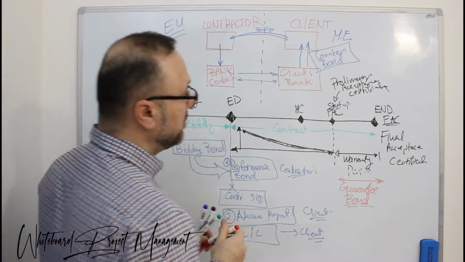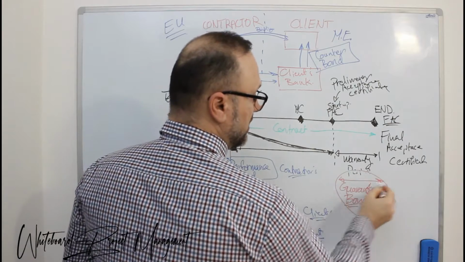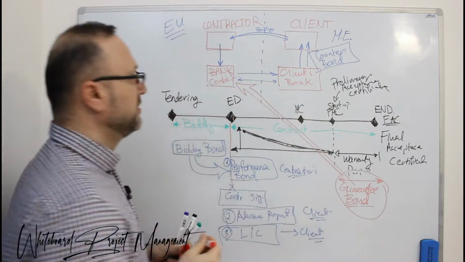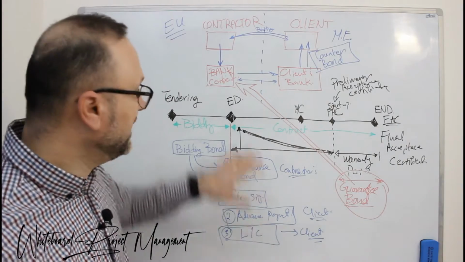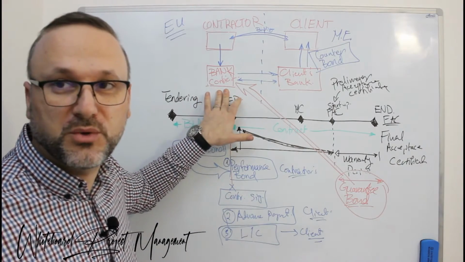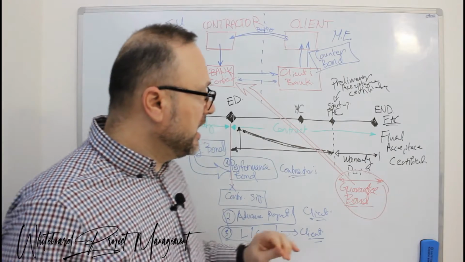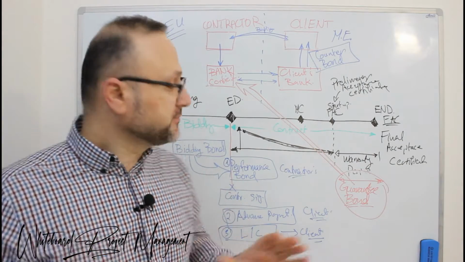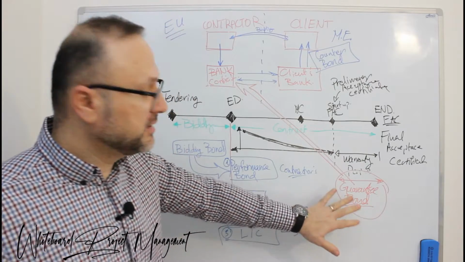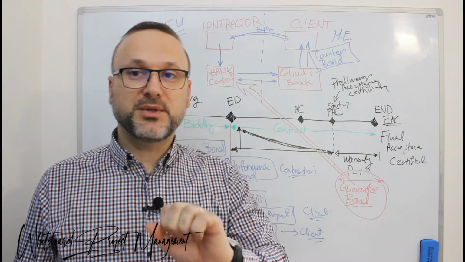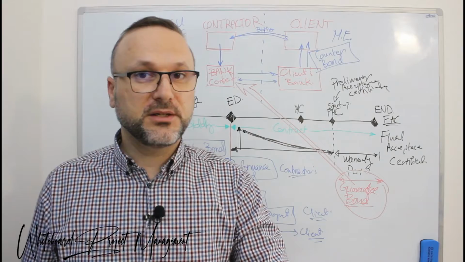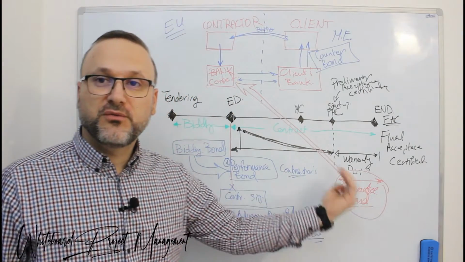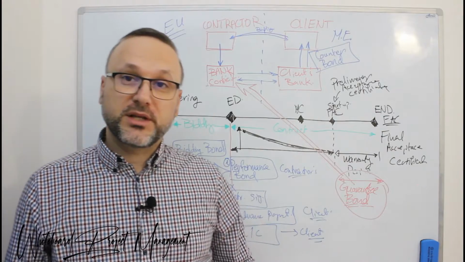Definitely the guarantee bond is from your bank. Okay, this is all through your bank. In some contracts, the guarantee bond is not issued from the contractor's bank, but it could be as a percentage from the work done.